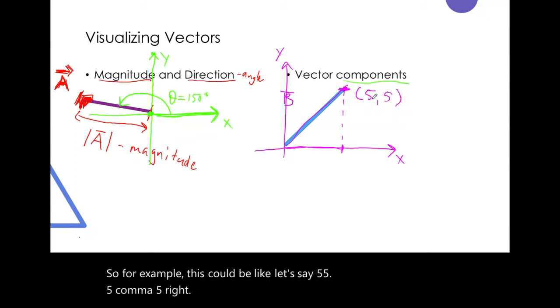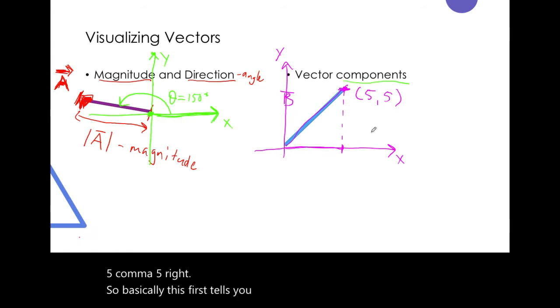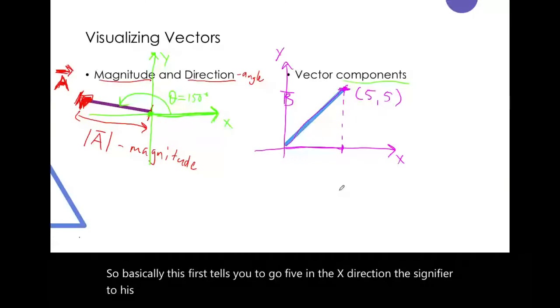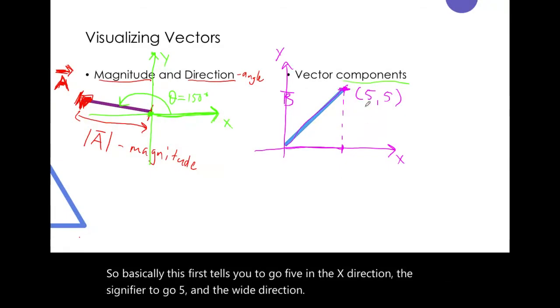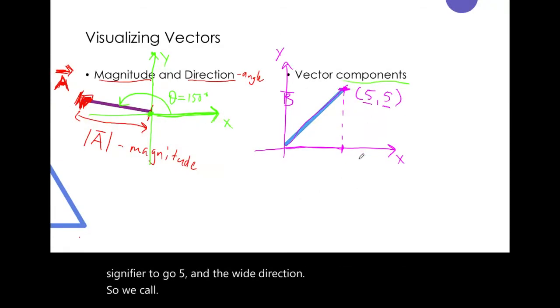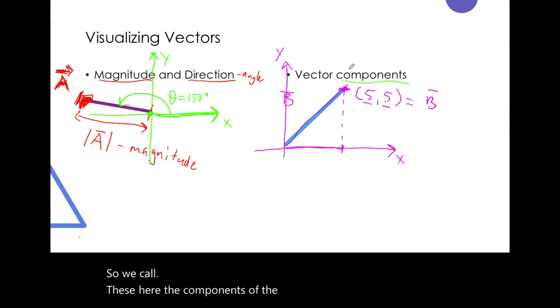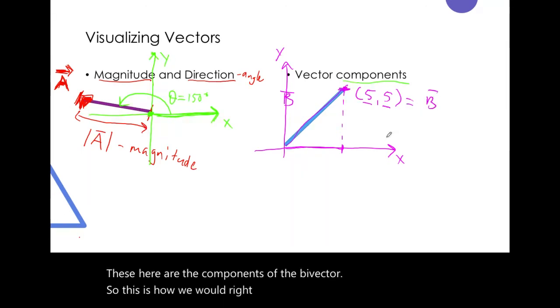Basically this first 5 tells you to go 5 in the x direction. The second 5 tells you to go 5 in the y direction. So we call these the components of the B vector. This is how we would write that. The first 5 we call the x component.